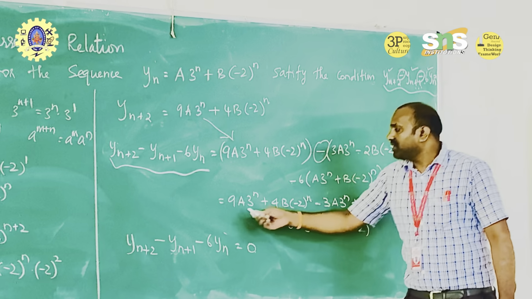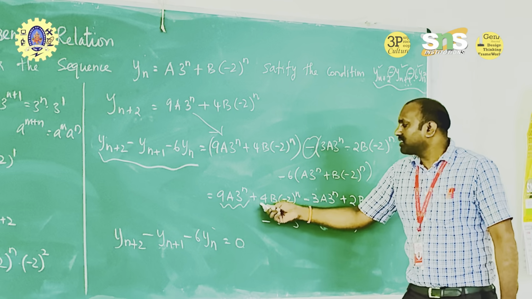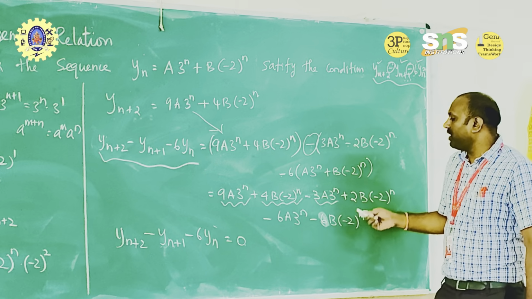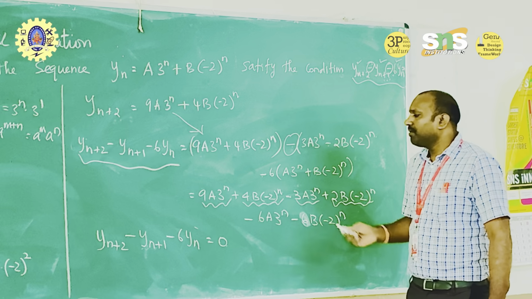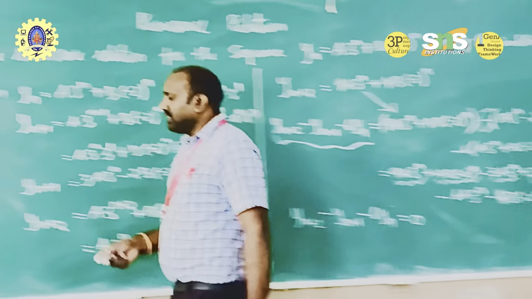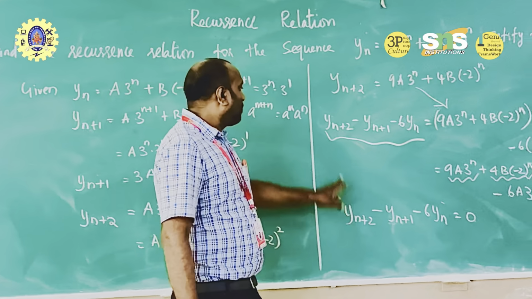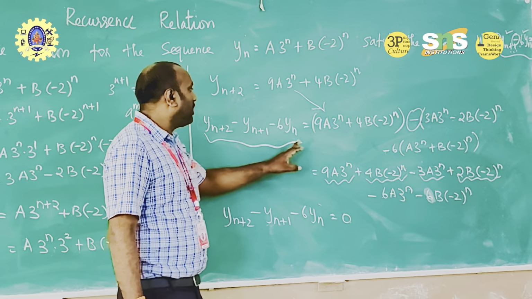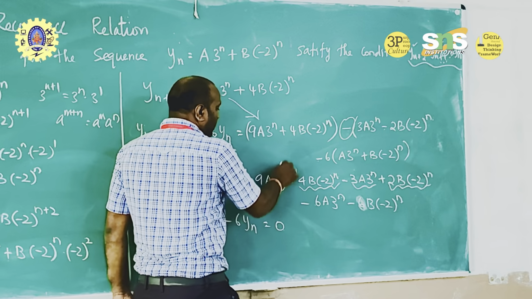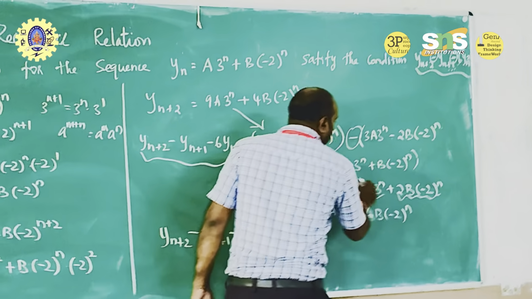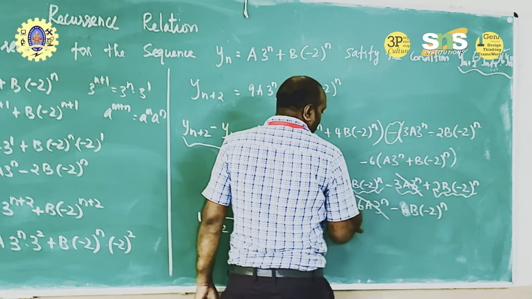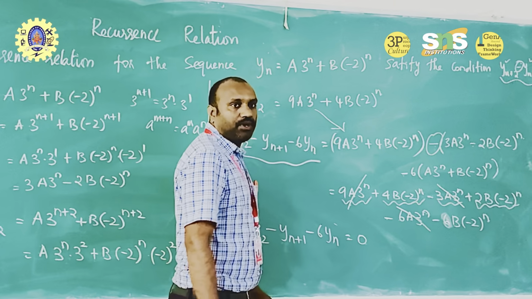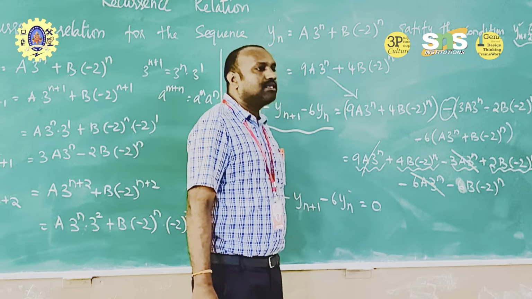We get 9a·3^n + 4b·(-2)^n, minus 3a·3^n, plus 2b·(-2)^n, and then minus 6a·3^n minus 6b·(-2)^n. See, 9 minus 3 and 6: the 9a·3^n is cancelled.